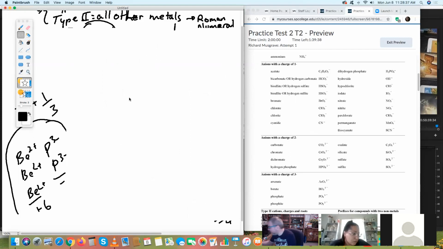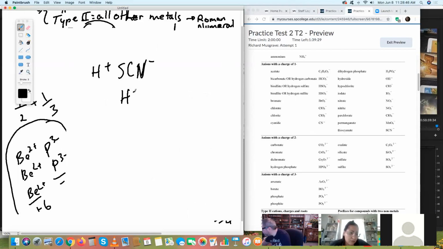That's right. But it's an acid, so it's H plus, H plus SCN negative, which is HSCN. So thiocyanic became thiocyanate.